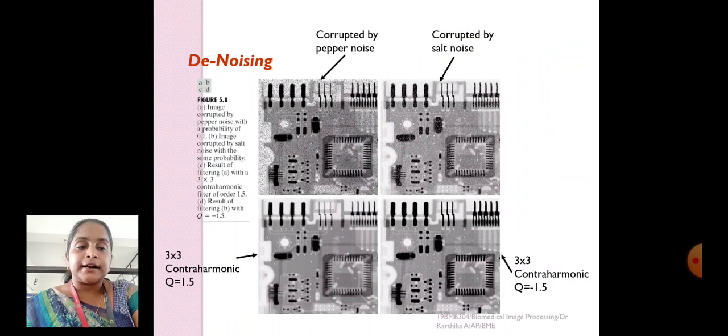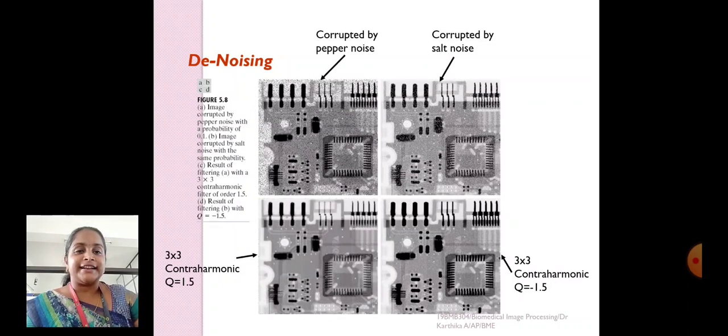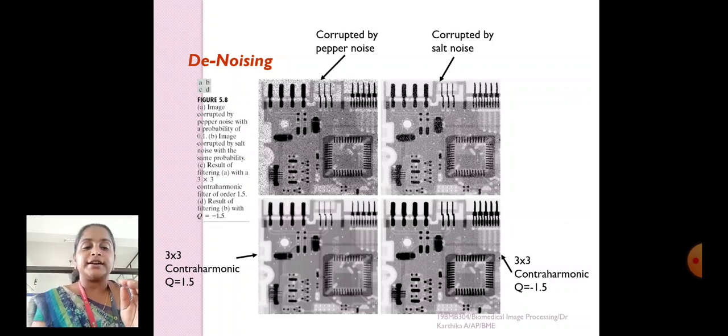And in this diagram, it represents corrupted Gaussian noise, mean filtering, and geometric mean filtering. And in denoising, corrupted by pepper noise, corrupted by salt noise, and 3 cross 3 contra-harmonic filtering, if Q equal to 1.5 and if Q equal to -1.5 are represented here.